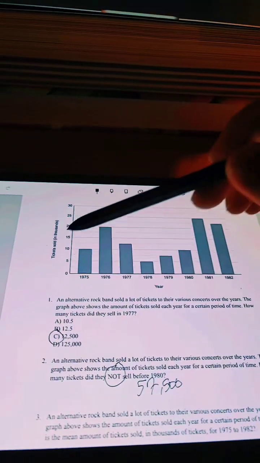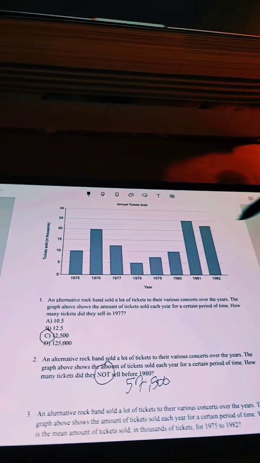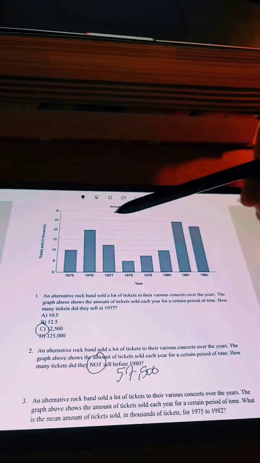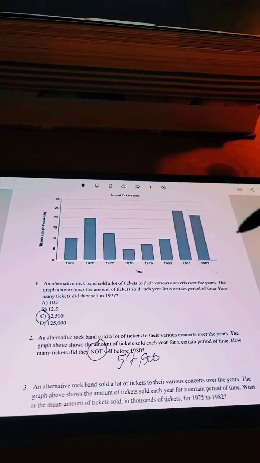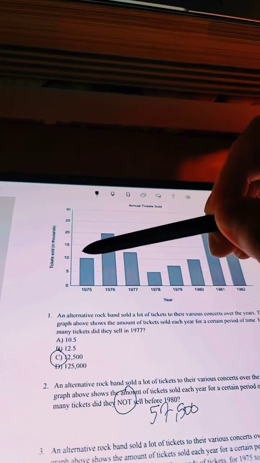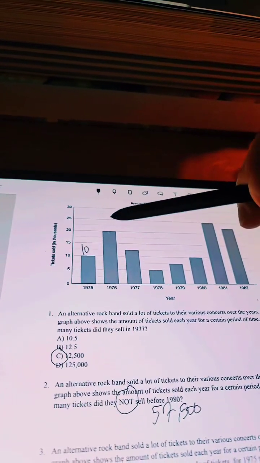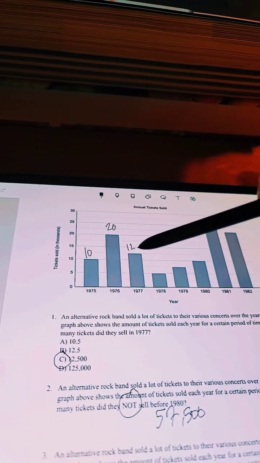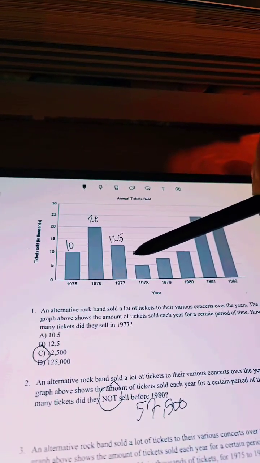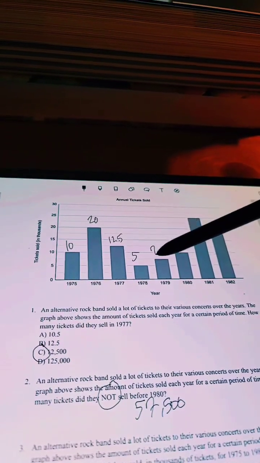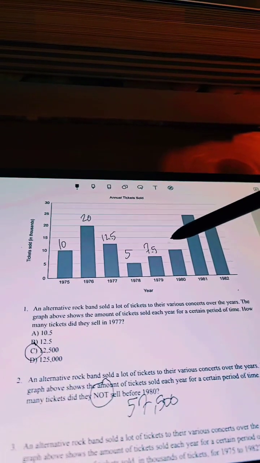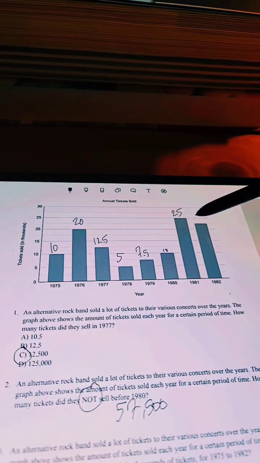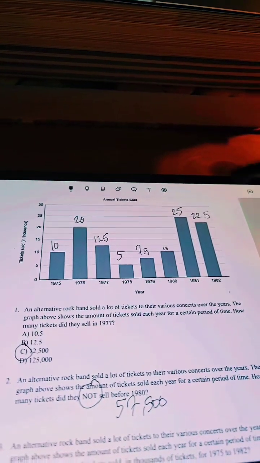So mean is adding up all of these numbers and then dividing by the number of years that we're talking about here. So here it's going to be 10, here it's going to be 20, here it's lining up with 12.5, here it lines up with 5, here it lines up with 7.5, here it lines up with 10, here it's going to line up with 25, and here it lines up with 22.5.